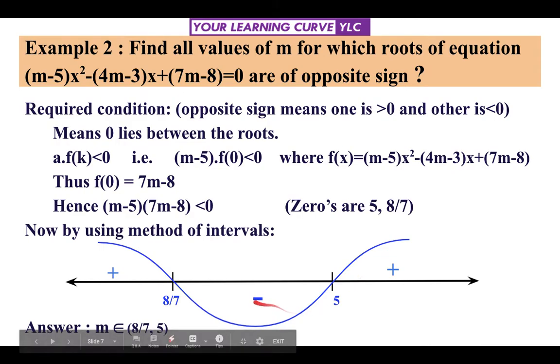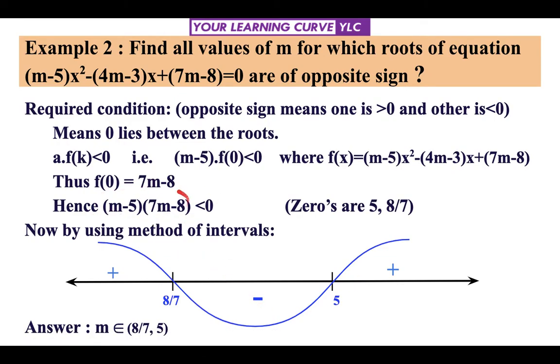So positive, negative, positive. What do we require? We require less than 0: (m minus 5)(7m minus 8) is less than 0. So we see that this inequality is positive from minus infinity to 8 by 7. Then from 8 by 7 to 5 it is negative, and from 5 to infinity it is again positive.